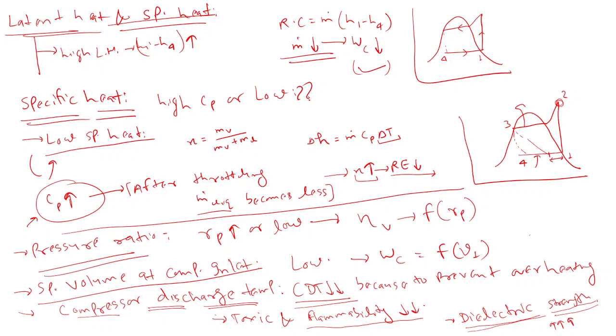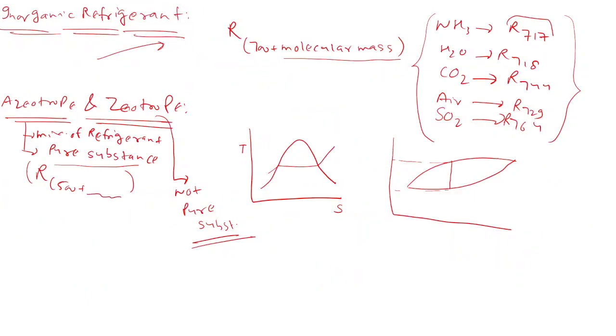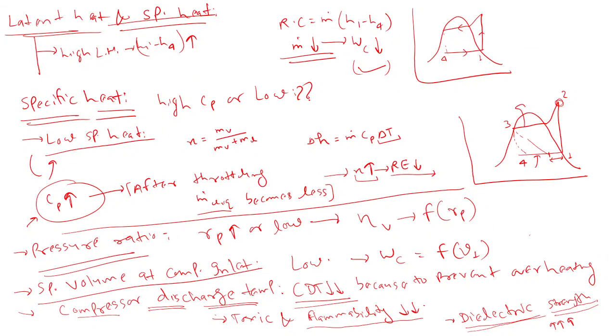Yes, sir. Your doubt is what, sir? Specific heat for liquid and vapor. So just now you told this for the liquid part, and for the vapor part it should be high.